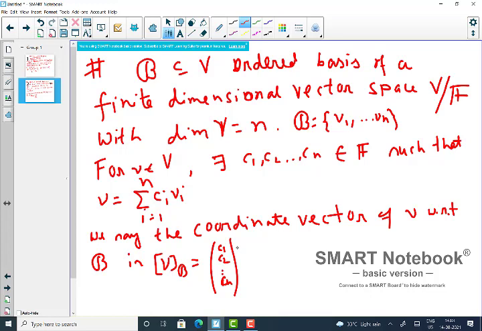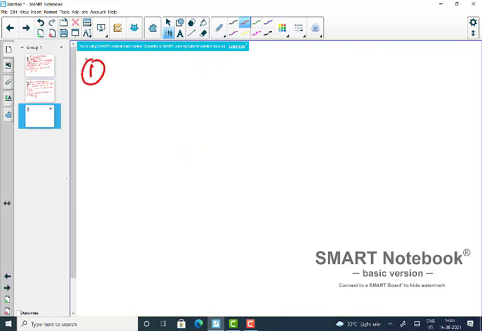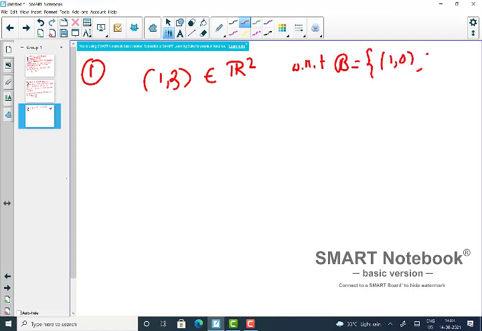For example, when you write down, say, 1, 3 in R2 with respect to the basis B, which I just wrote, 1 0, 0 1, then what does that mean? That means you are actually writing this in terms of the standard ordered basis, 1 times 1 0 plus 3 times 0 1, right?